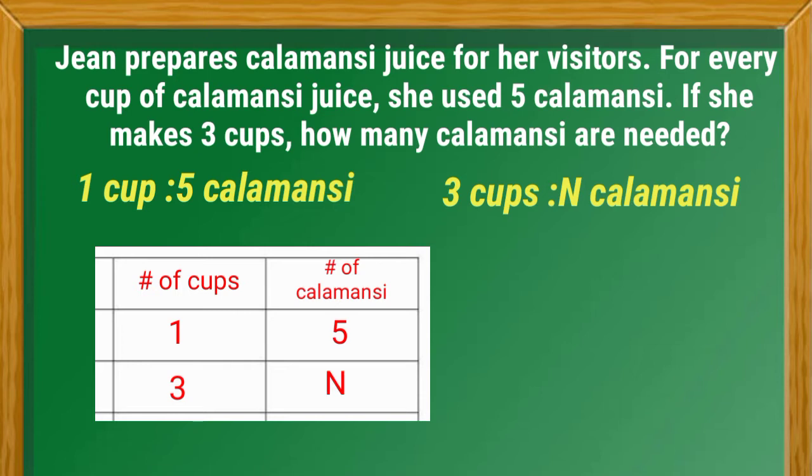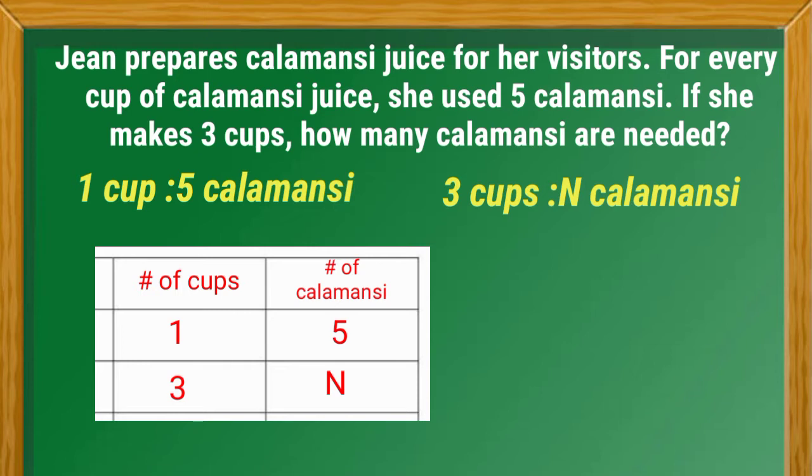N represents the number to be found. So we have now 1:5 and 3:n. Under the number of cups column, we have 1 and 3. Under the number of calamansi needed, we have 5 and n.